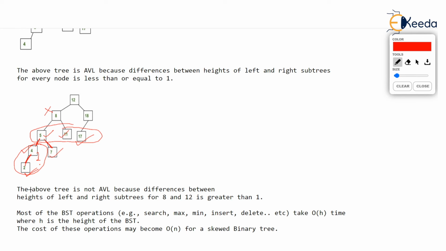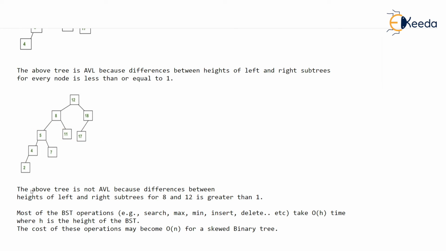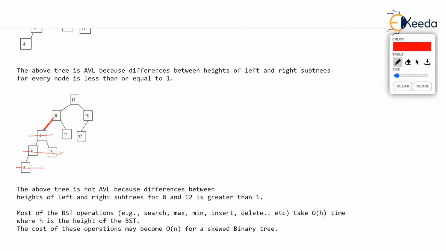Why 8 is not balanced? 8 is not balanced because if you see the left height of 8 is 1, 2, 3 levels. And right height of 8 is just 1. So 3 minus 1, 2, which is larger than 1. So 8 is not balanced. And actually it is enough. You can stop here, declaring that the tree is not balanced.